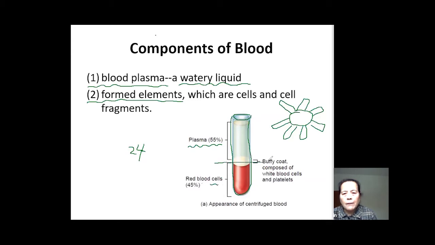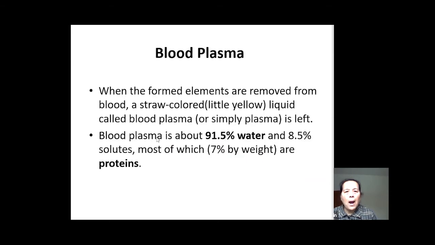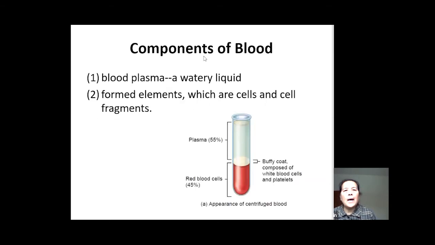So basically we can separate it here. Generally speaking, our blood separates into 2 parts. One is blood plasma, mainly the liquid part of the blood.